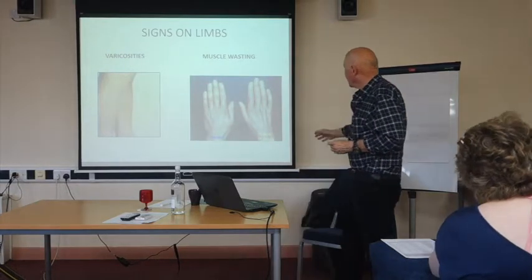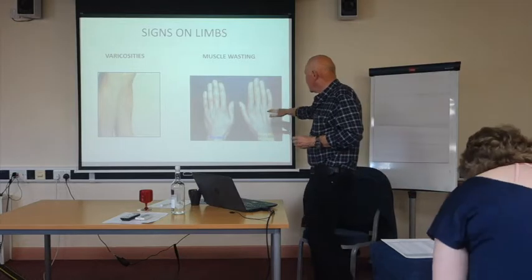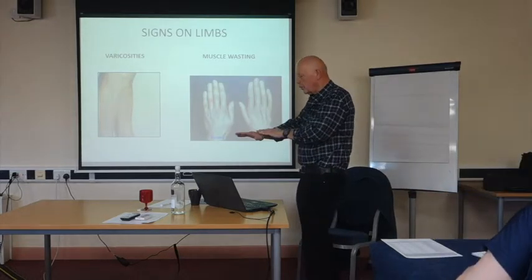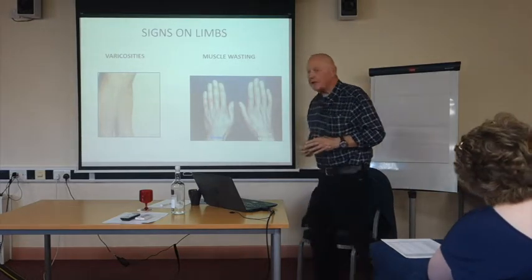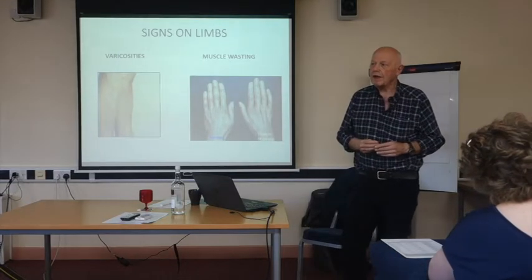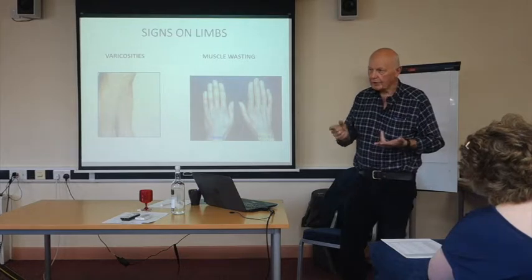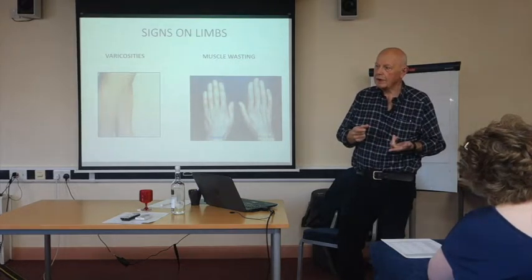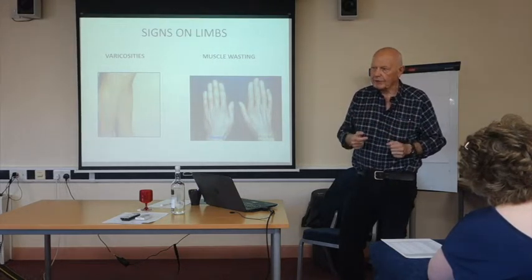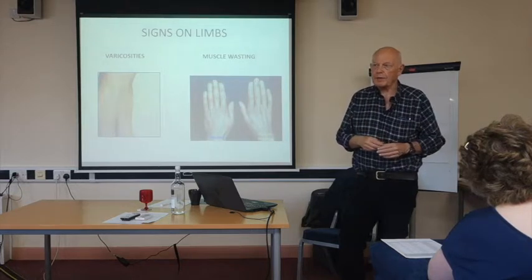Other things that you might notice when you're looking along people's arms and legs is any kind of muscle wasting. Muscle wasting might imply the interruption of nerve supply to that muscle, and that might be something you're going to need to follow up.